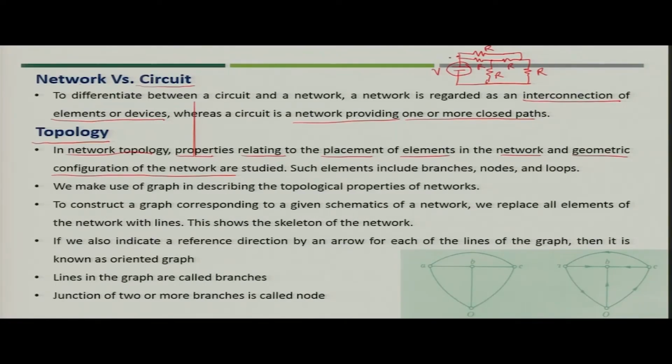Now, if you name this node as A, this node as B, this node as C, and this is O, that is the ground or maybe origin you can say.